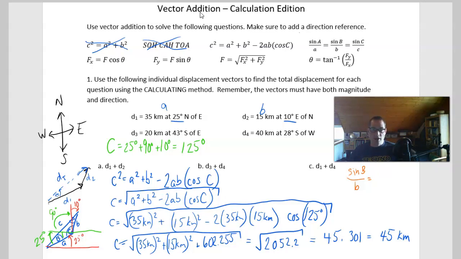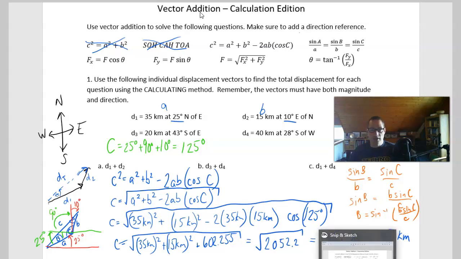I figured out C here, and I know line C now, so I can go sine C over C. And now to get just B by itself, I go sine B is equal to, multiply both sides by B, so it's B sine C over C. And then we go B is equal to the sine inverse of B sine C divided by C. And then we put the numbers in there.